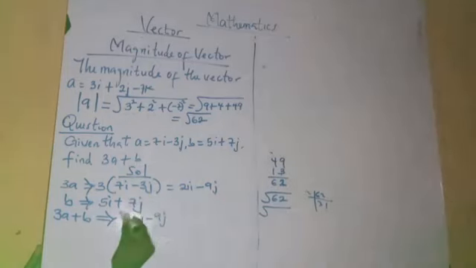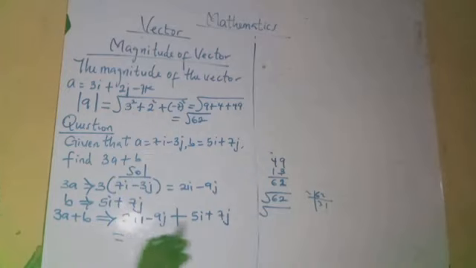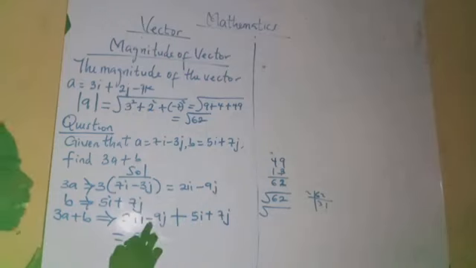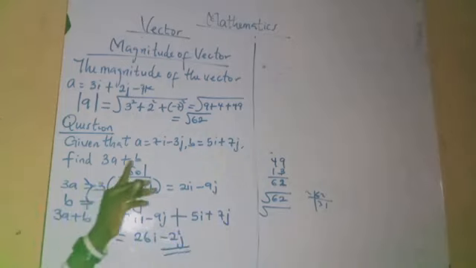Then plus our B, 5i plus 7j. The i and i are like terms. So 21 plus 5 gives us 26i. Then minus 9 plus 7 gives us minus 2j. You stop here, since you have to find just 3A plus B.